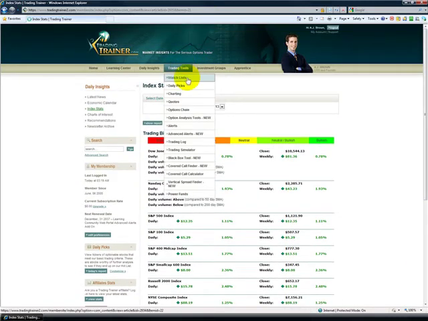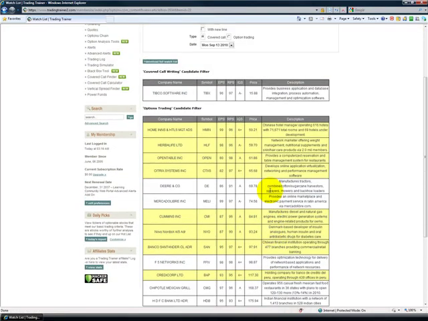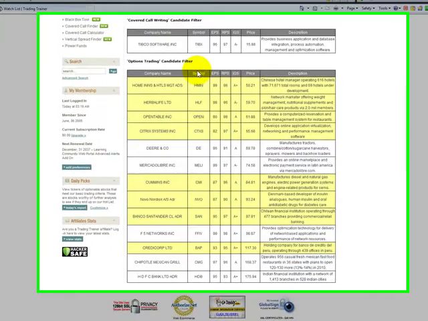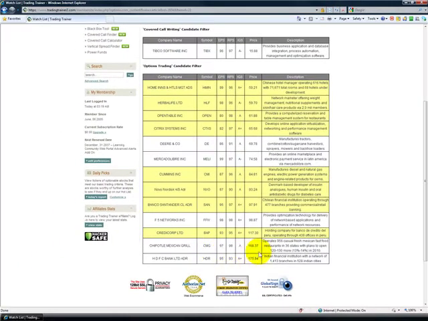Moving on to our watch list tools. Wow. Take a look at what we've got here. We have a handful of stocks identified by our options trading candidate filter. We have one stock identified by our covered call writing candidate filter. The ones that are identified in white are the ones that are already present on our list. They reaffirm that they belong there.